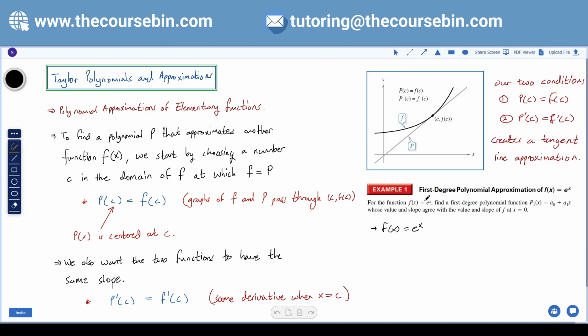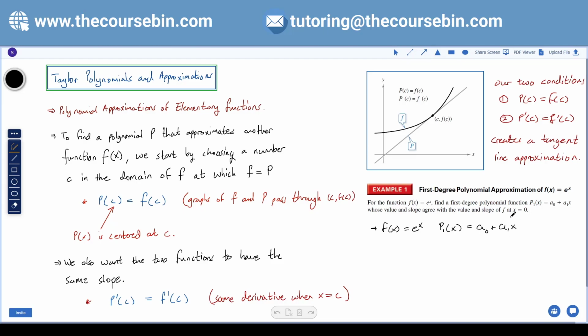Since we're using a first degree polynomial approximation, our p of x will be written as p1 of x. The index at the bottom represents the degree of the polynomial. For a first degree polynomial, it's just equal to the intercept a0 plus the slope a1 times x.